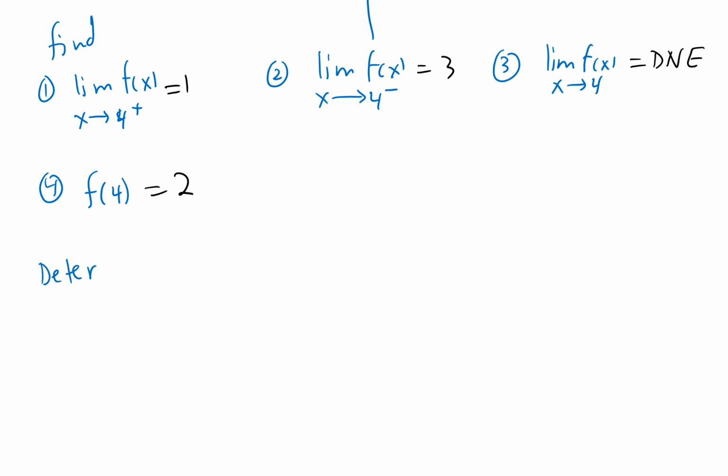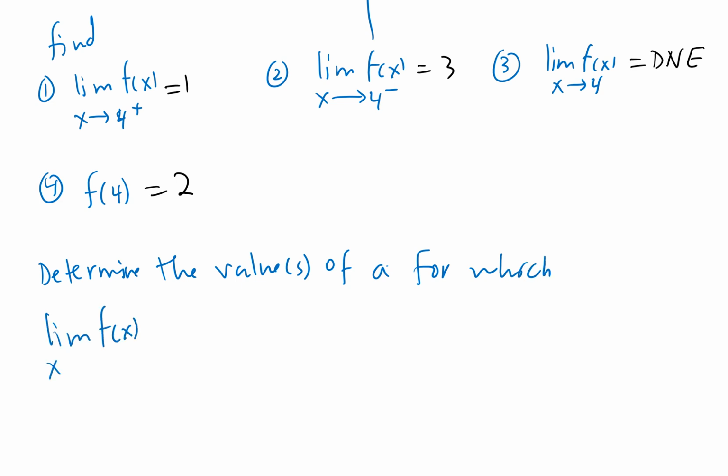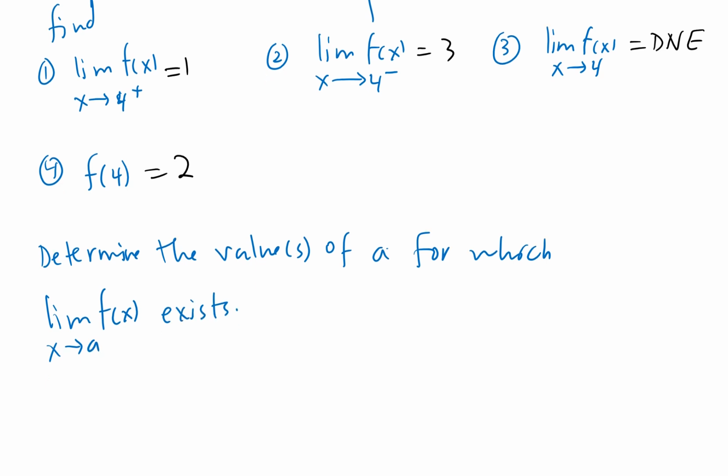Another example I prepared is to determine the value or values of a for which the limit of f of x as x approaches a exists. So what's the function?